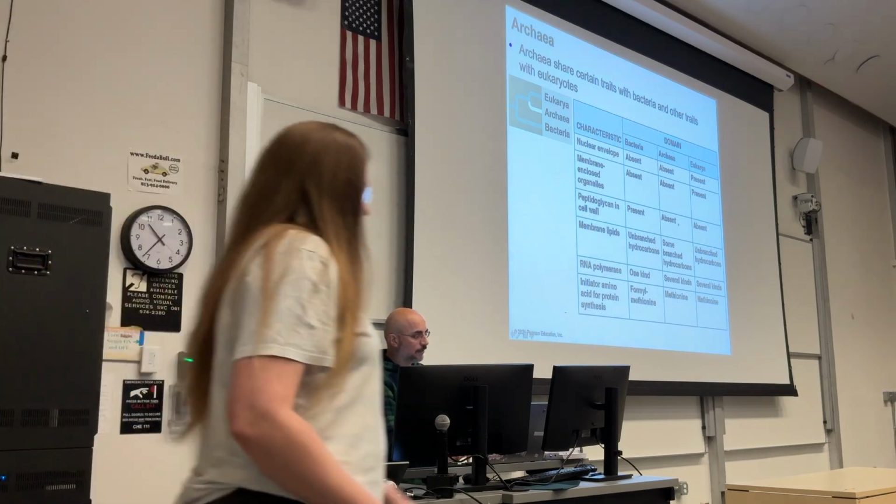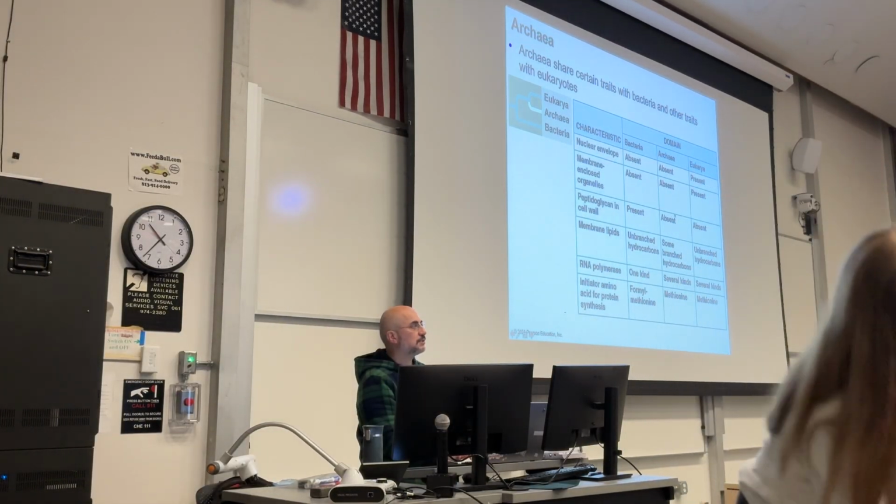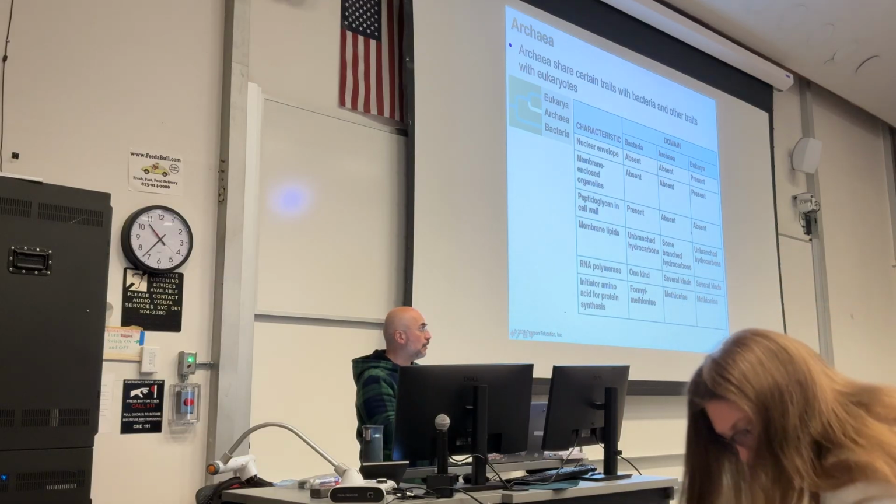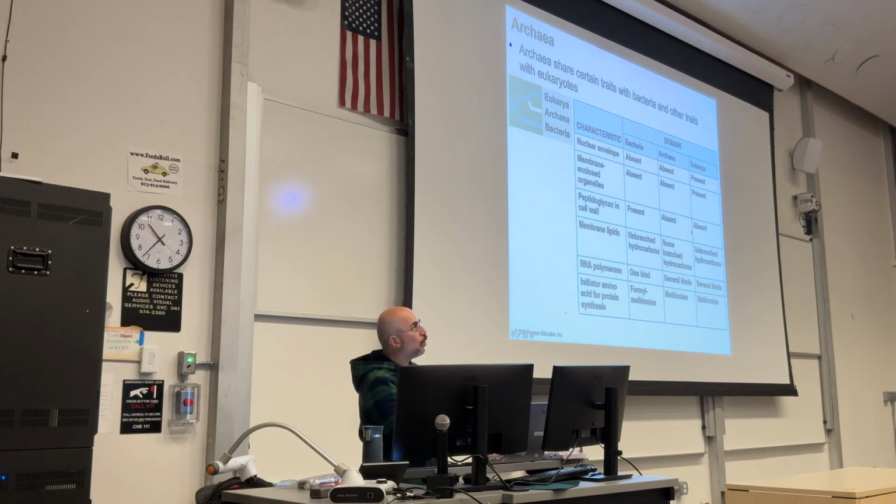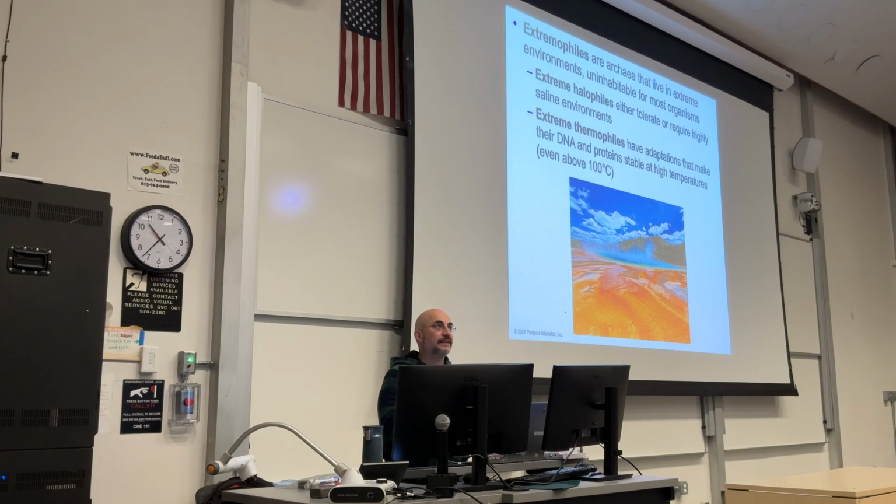So those are some of the characteristics which make obvious that all life on this planet is just a mosaic of everything around us. We have been exchanging genetic information for billions of years now, okay? Now within Archaea is where we find the organisms that can survive in extreme environments.